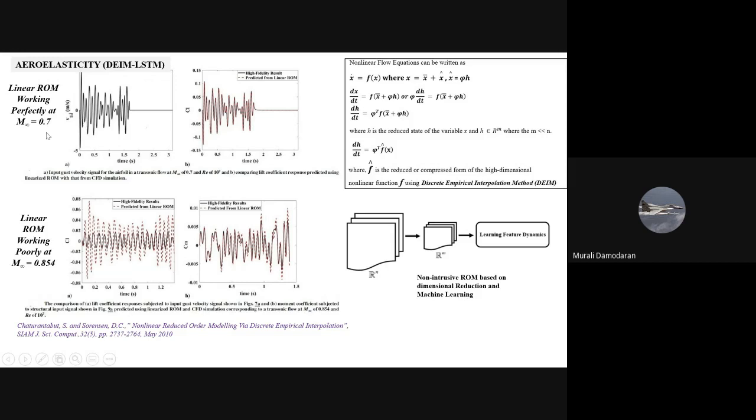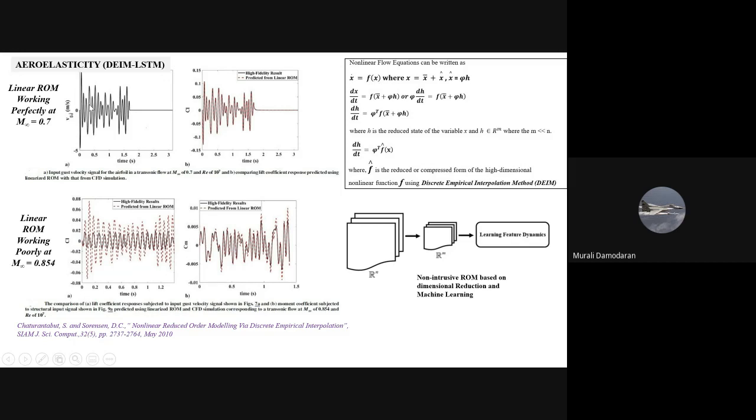Our differential equations, even the discrete equation, are like a first order ODE, written in this form. It is nonlinear flow equations.